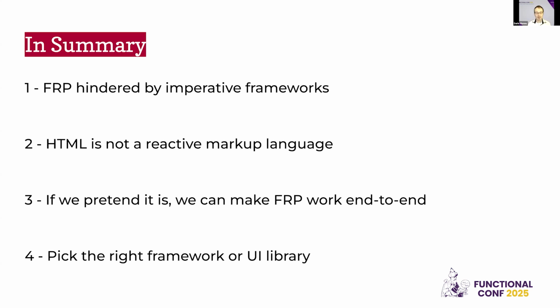And you might be aware there is a proposal to get signals standardized as well, because most of these frameworks use signals, and for them, of course, it makes sense to standardize that. But on the other hand, we have observables being standardized as well.